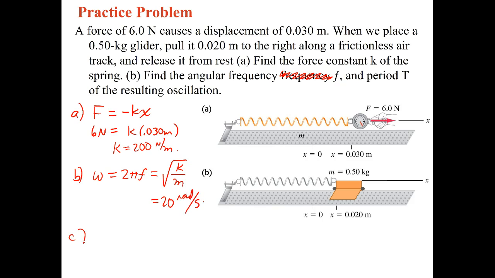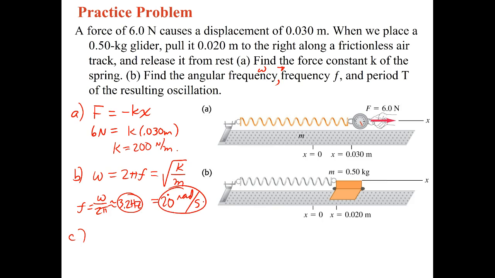And finally, I think what I meant to do here is to say find the angular frequency omega and the frequency f. So f would actually be omega over 2 pi. So 20 divided by 2 pi would be about 3.2 hertz.